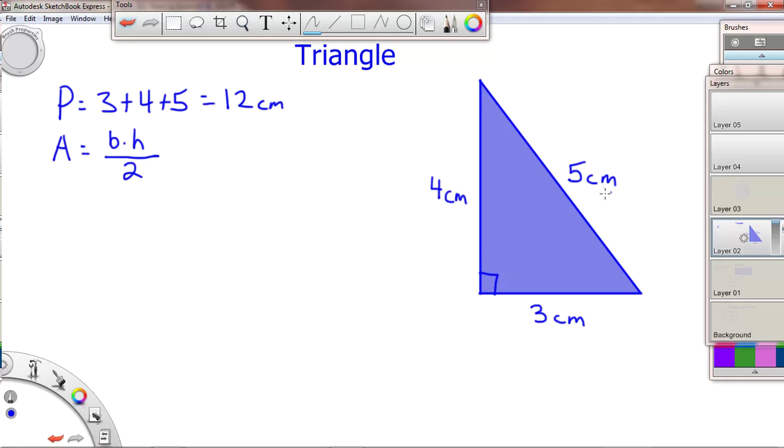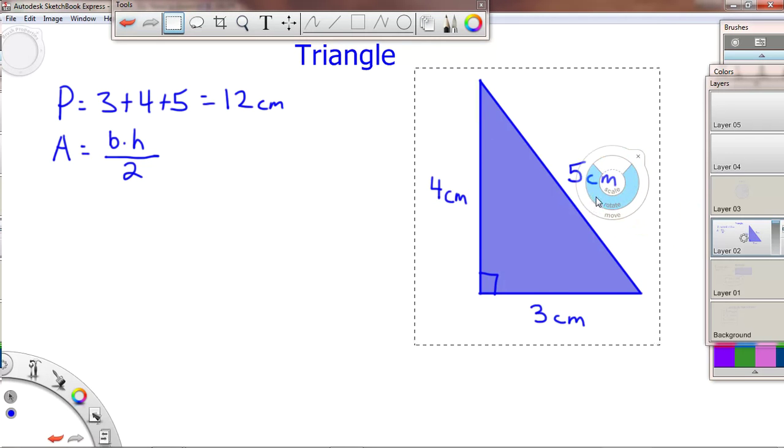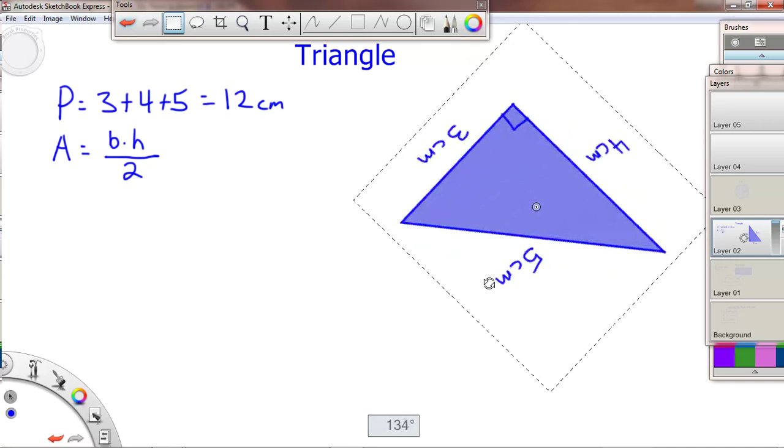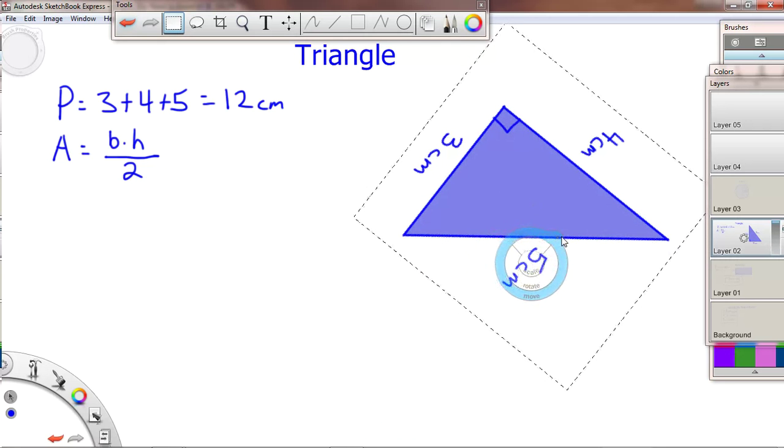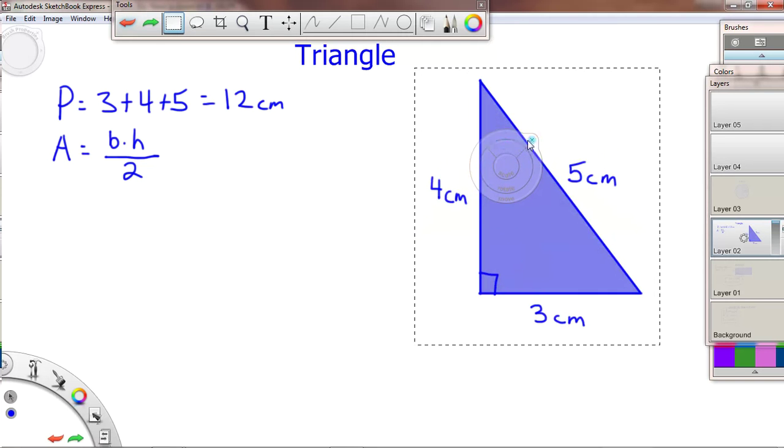So this cannot be the base in this particular drawing. I mean, actually, it could be the base if we took this triangle and flipped it so this was on the ground. So this could be my base, but if this were the base, I'd have to know this measurement right here, how tall the triangle is from the base. But obviously we don't want to do that.